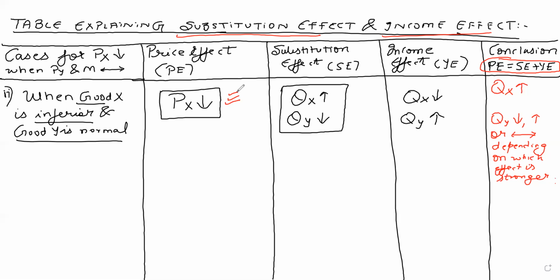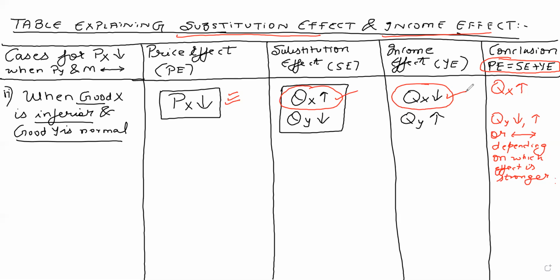Now, when will quantity of good X rise in totality? Quantity of good X will rise in totality only when the substitution effect dominates the income effect. Because according to substitution effect, good X should rise, but according to income effect, good X should fall.